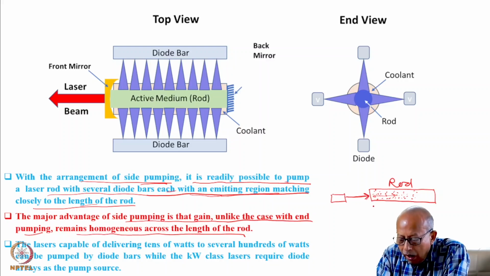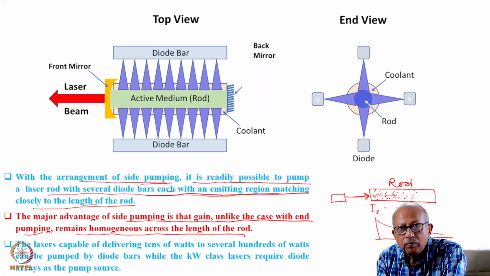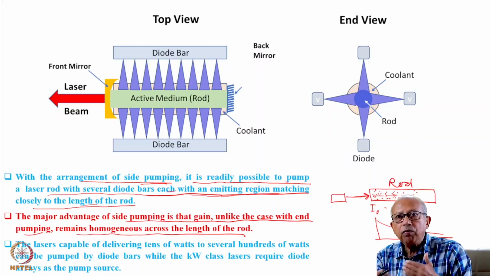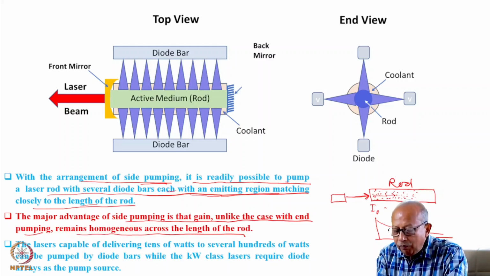So if the pump's intensity were I0 here, then as it travels, its intensity will drop slowly, gradually, because now photons are being absorbed. So fewer and fewer photons would be available for pumping as it travels further and further into the rod.